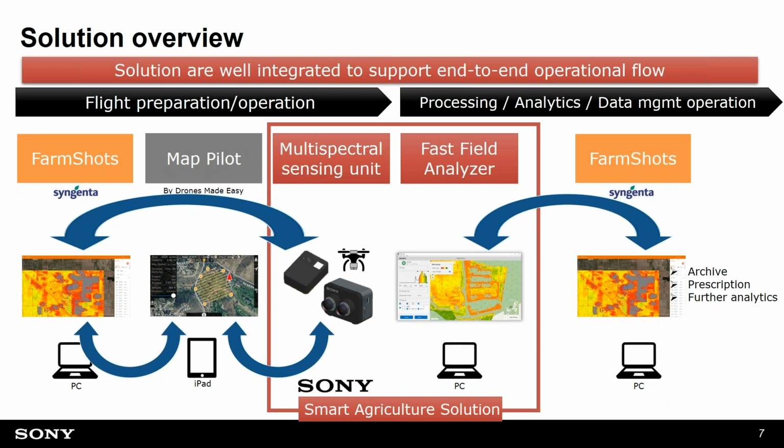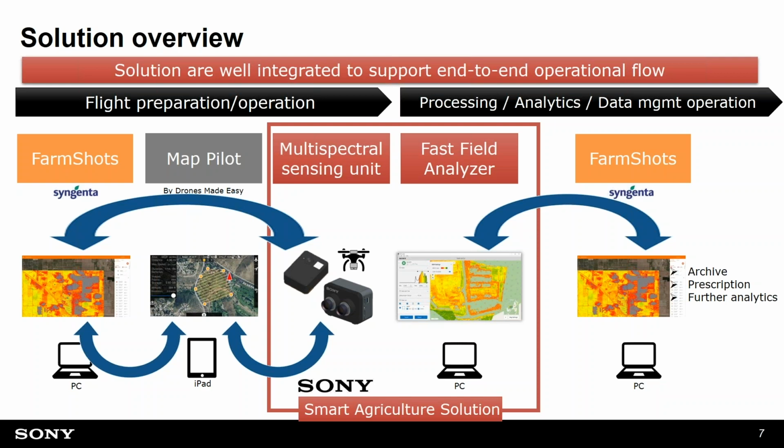So before flight, you can import all these field boundaries from Farmshots into Map Pilot as a flight area, as well as into Fast Field Analyzer for the analytics areas. So this is all well integrated for smooth operation.